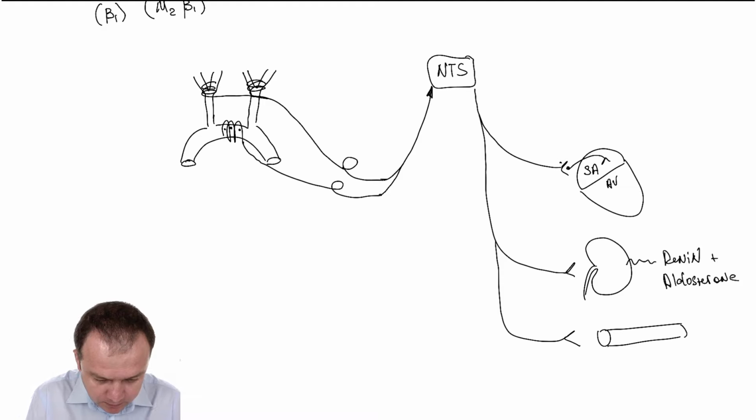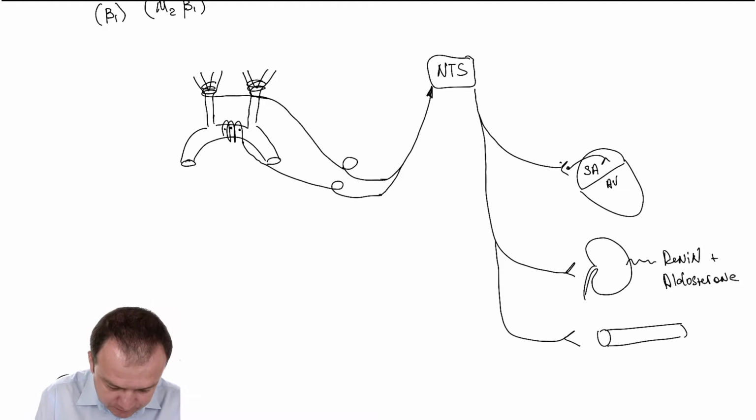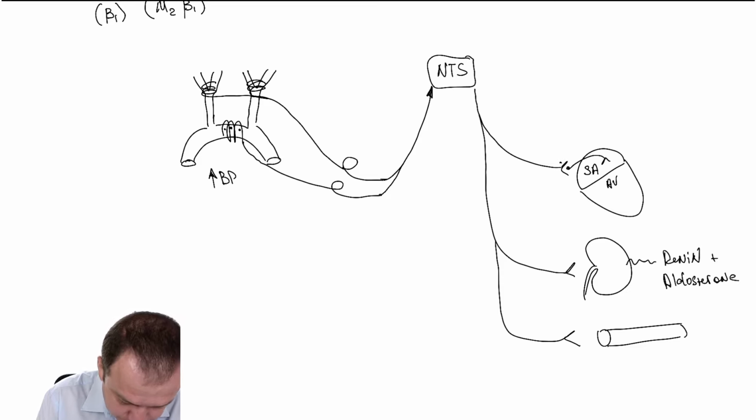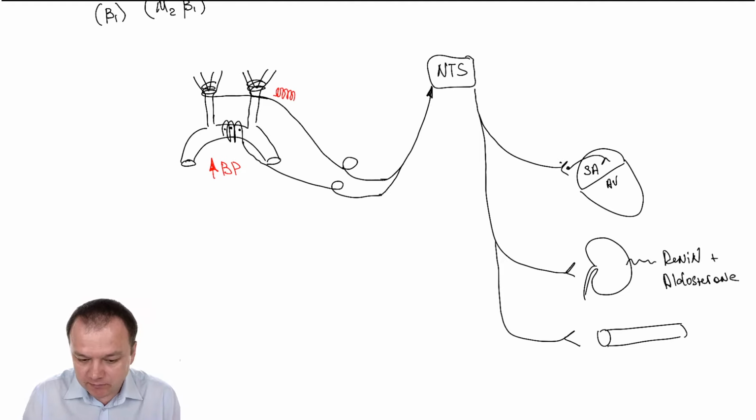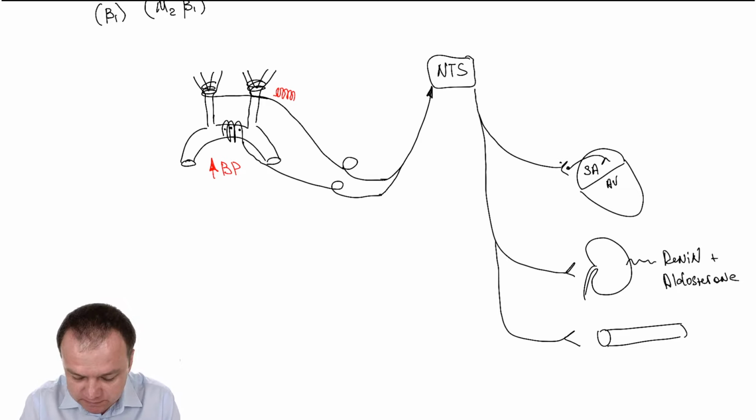So how does it work? In response to rising blood pressure, we have faster impulsation. As baroreceptors are stretch receptors, they react faster. And in response to that, information goes to the central nervous system, to nucleus tractus solitarius.